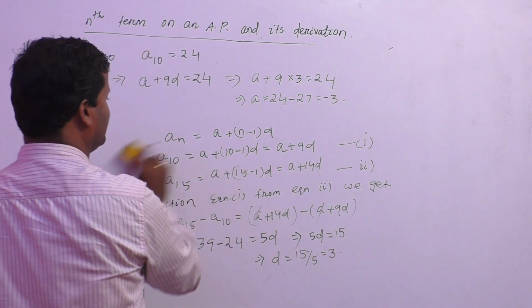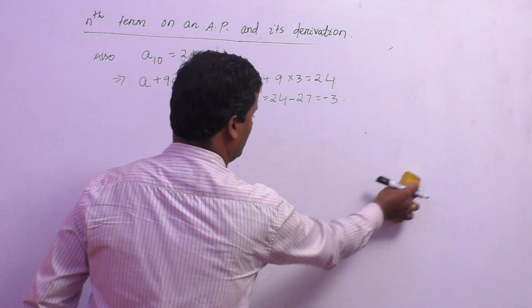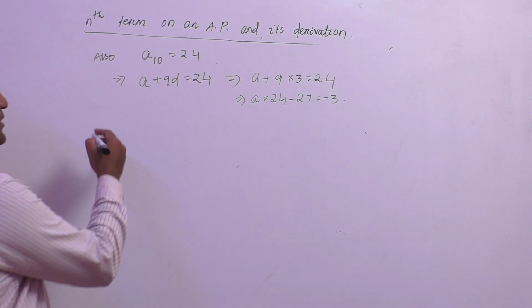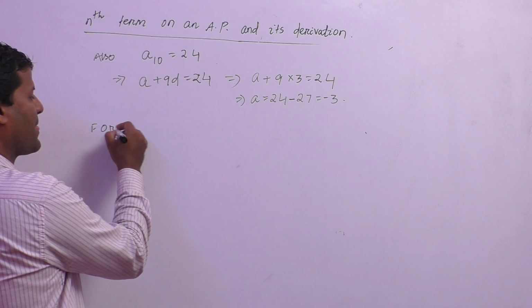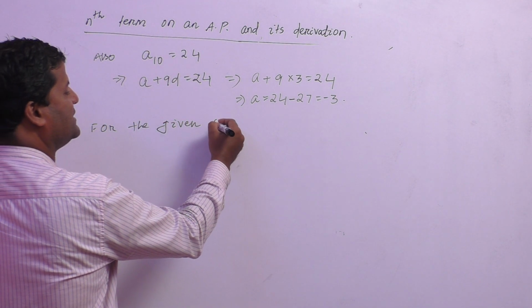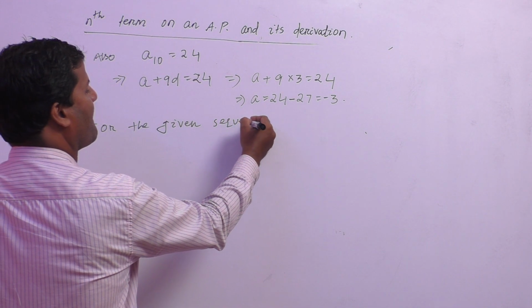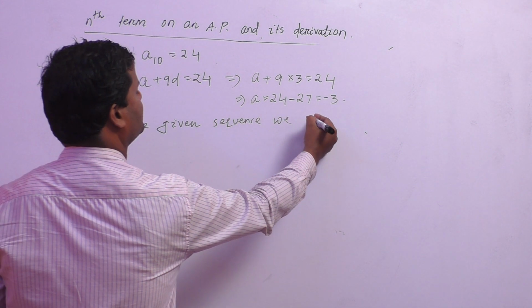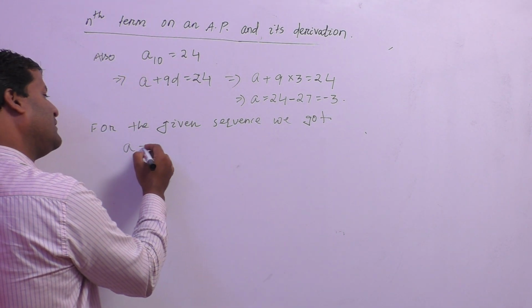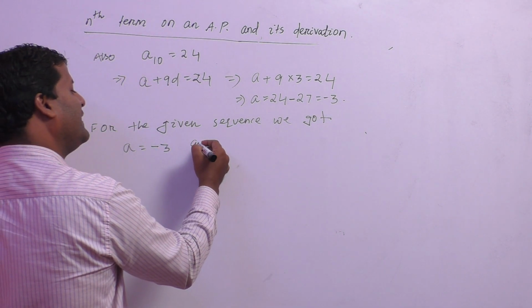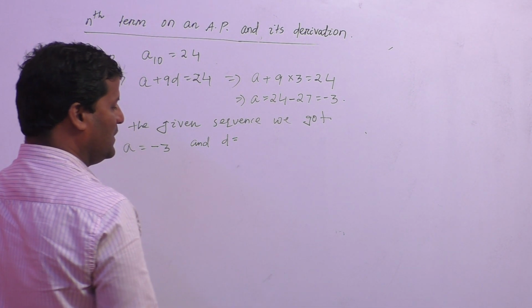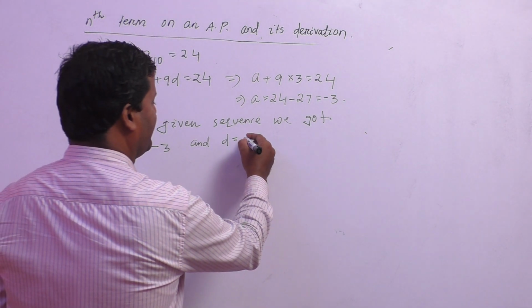So for the given sequence, we got a equal to minus 3 and d equal to 3.